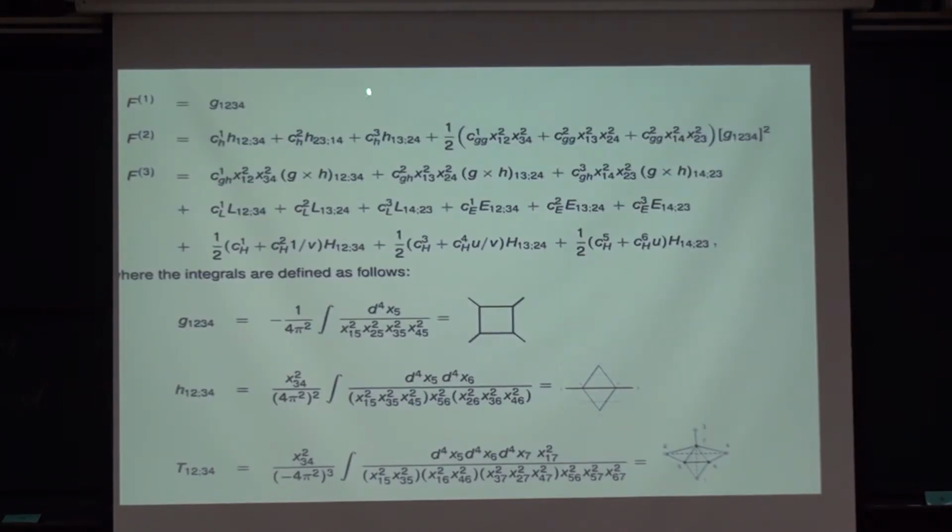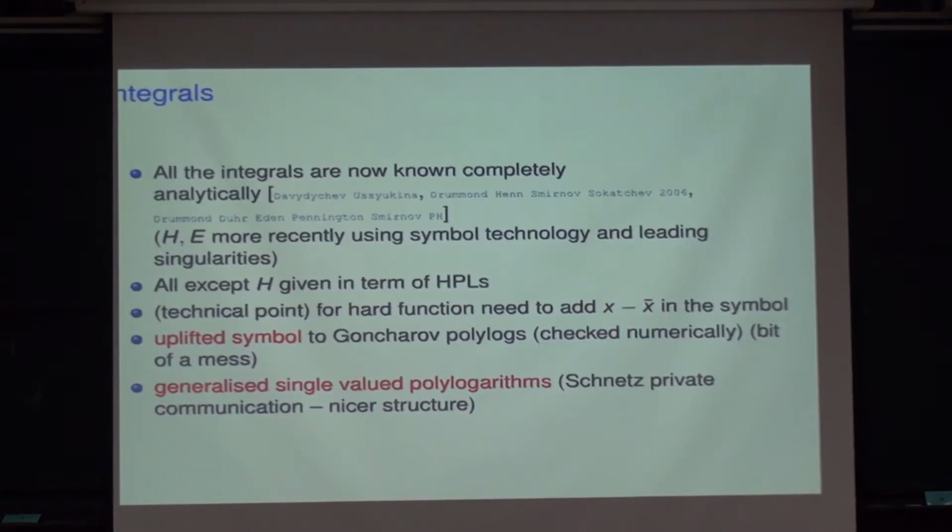So I have these arbitrary coefficients which I need to fix for any correlation function. All the integrals are known. The final 2 that weren't known previously, the h and e, we found a couple of years ago using some of the techniques that we heard about, namely leading singularities and symbology.